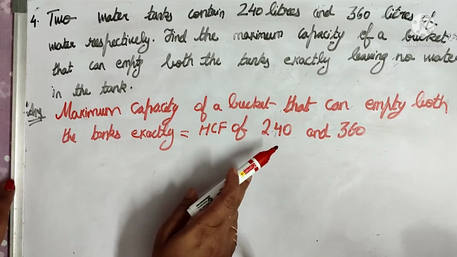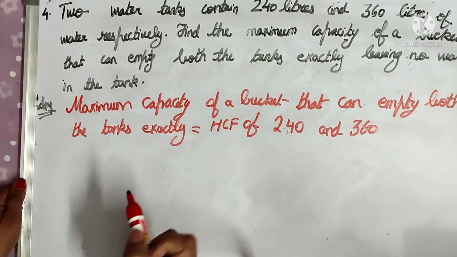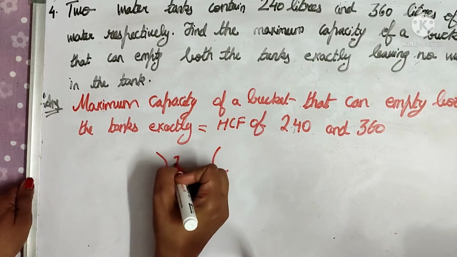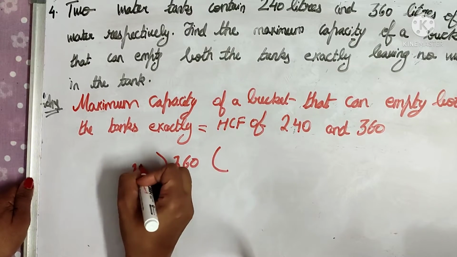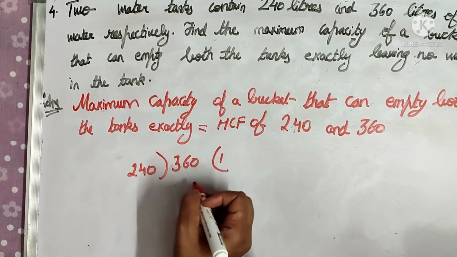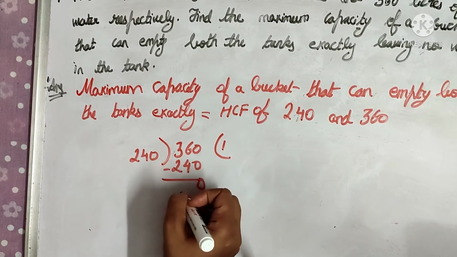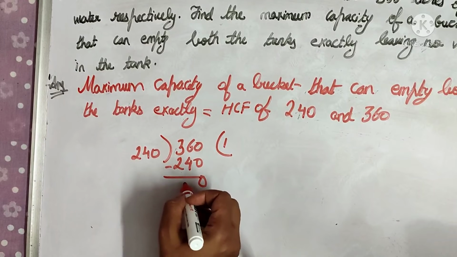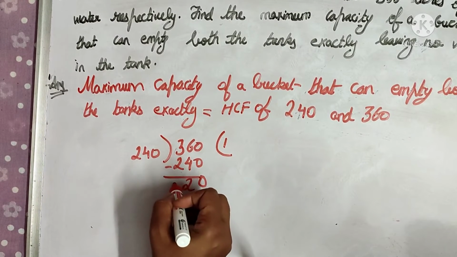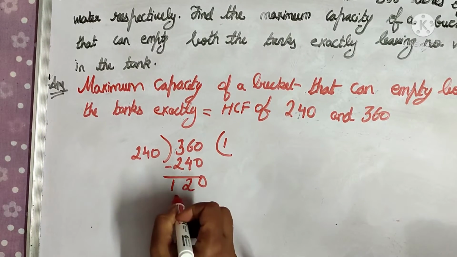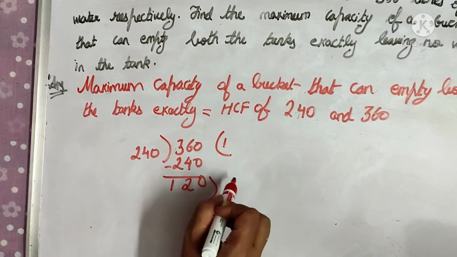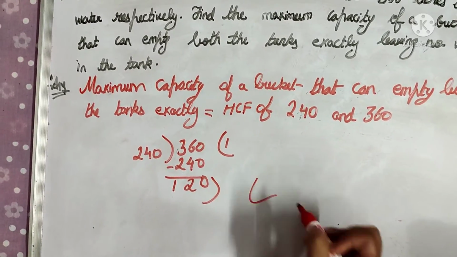Now, in order to find the HCF of 240 and 360, we can use any of the methods. Here I am finding it by the long division method. So I will divide 360 by 240. 240 ones are 240. Then 360 minus 240 gives 120.